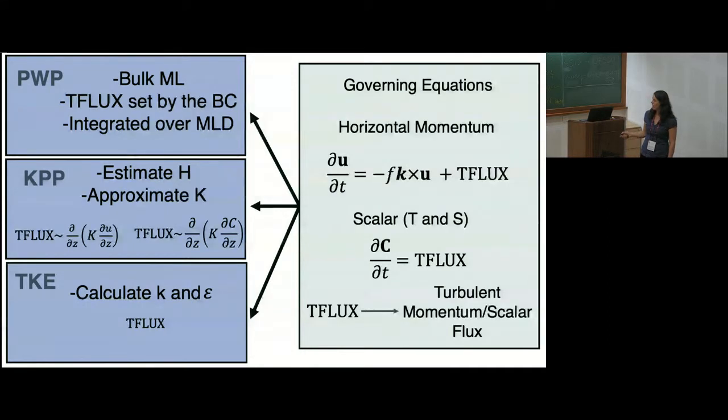So the entire KPP parameterization is designed to estimate this K. And this K is going to be used in our equations in order to step them forward in time. And I'll be going over that. And then I'm really not going to be talking too much about TKE models, turbulent kinetic energy models, but they're a huge branch of boundary layer mixing models, so it's at least worth mentioning them.